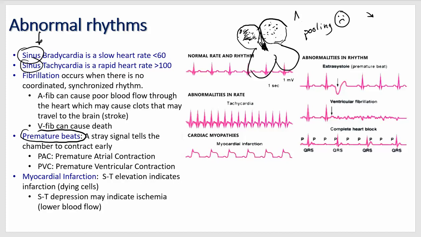Pooling is bad because then that could form clots, and a clot, an embolism, might go somewhere else, might go up to the brain and cause a stroke. So people with AFib have an increased chance of stroke because this blood flow is not flowing properly, and you have an increased chance of forming a clot, and then that clot being pushed right up into the brain.